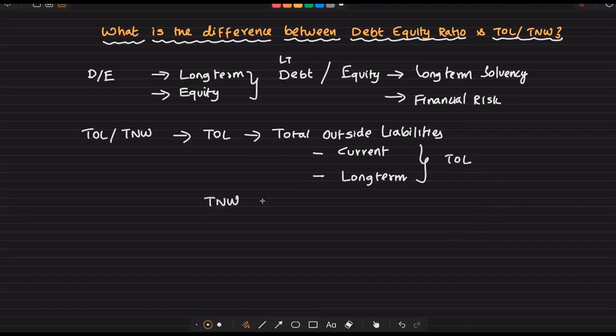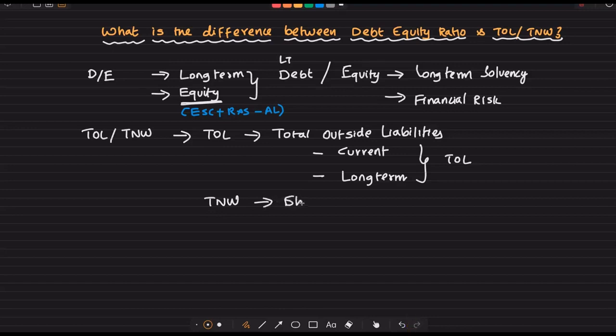So it is not mere equity, because when we say equity, it is basically sum of equity share capital plus reserves and surplus minus accumulated losses. That's what equity basically means. But here when we say tangible net worth, what we are doing is we are considering share capital.